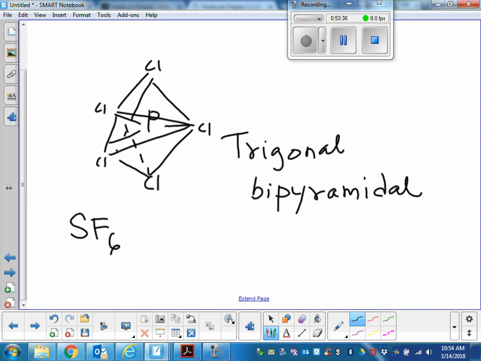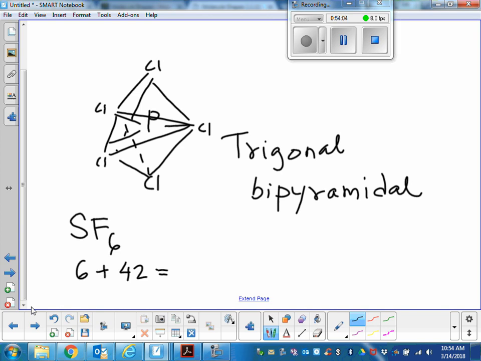SF6 breaks the octet rule. Sulfur has 6. Fluorine has 7. 7 times 6 is 48. You know, at this age I've started making mistakes like this.